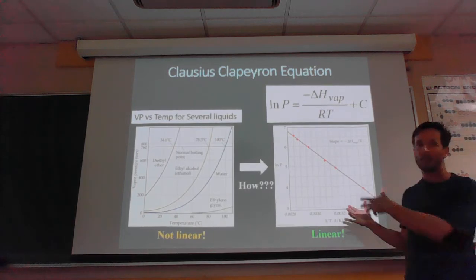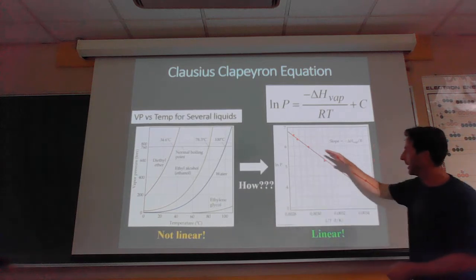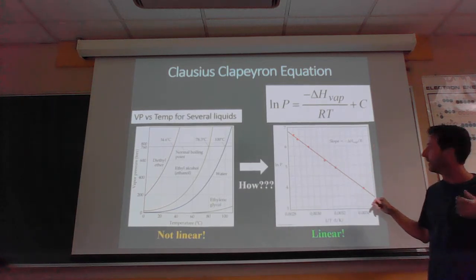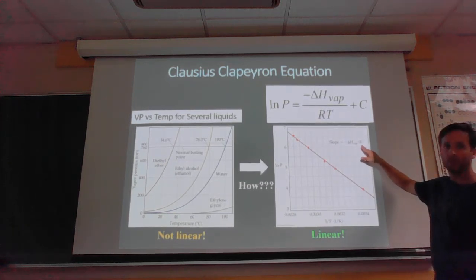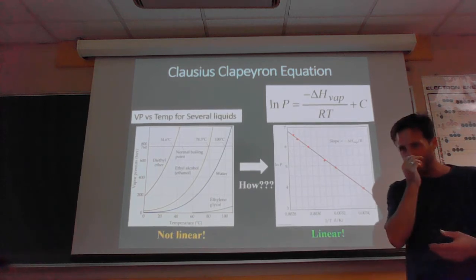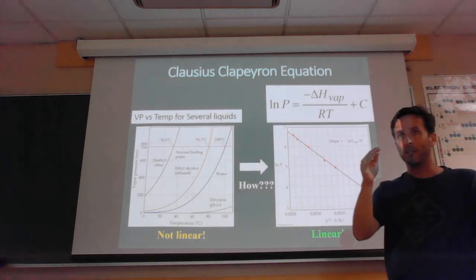By doing that manipulation of the data, they converted curved graphs into linear graphs. And if you make that graph and do a linear fit, the slope of the line is negative delta H over R.